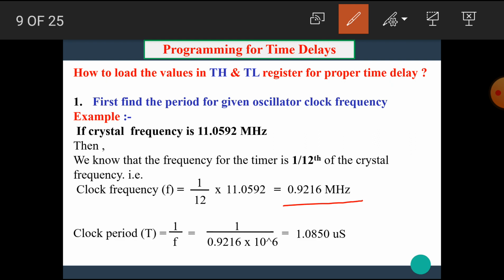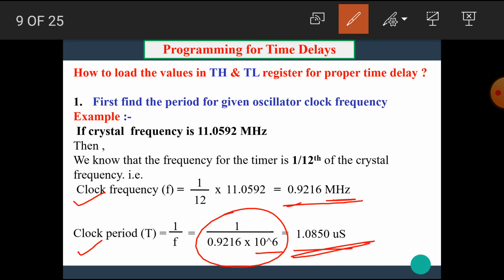0.9216 megahertz, and from this frequency we can find the clock period, that means T is equal to 1 upon f, that means 1 upon the 0.9216 megahertz means 10 raised to 6. Then after simplification of this, we get here the clock period 1.0850 microsecond.